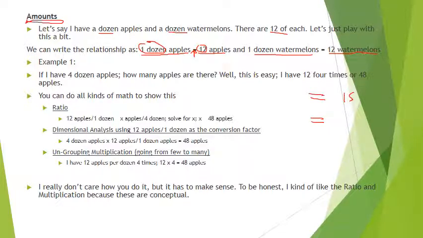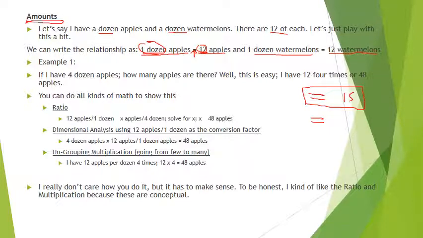We'll get into that when we get into math. So right now, when we talk about amounts, a dozen is the same as 12, and it doesn't matter if it's apples or watermelons.